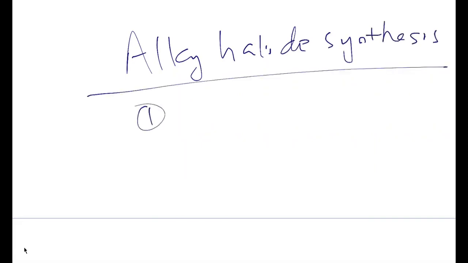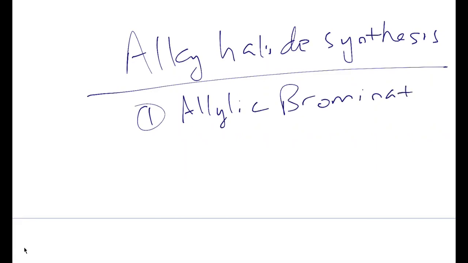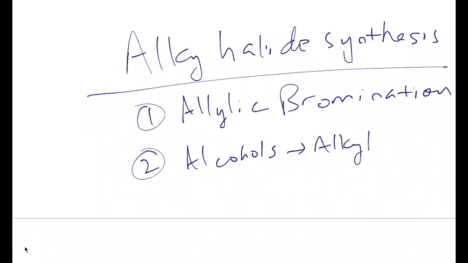What was the first one? Right, the first one was allylic bromination. And then we did 3 methods where we converted an alcohol to alkyl halides.